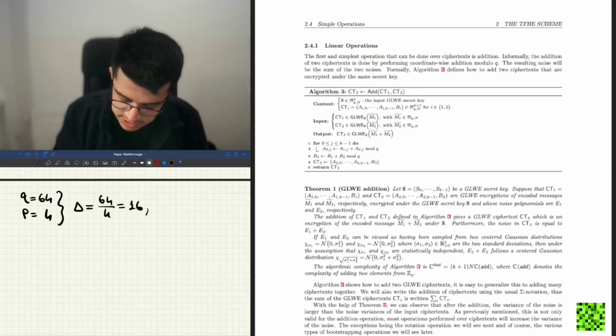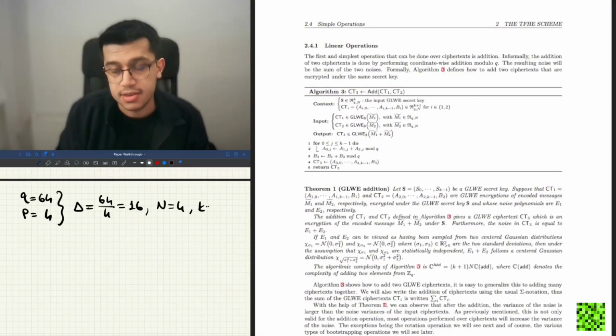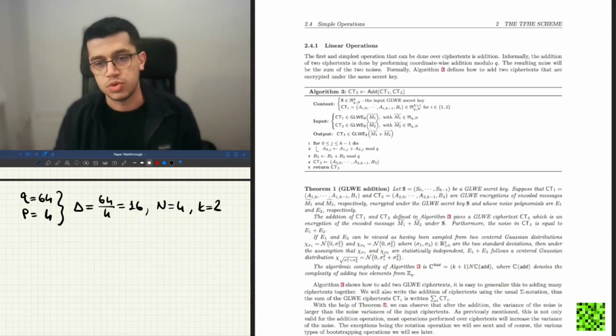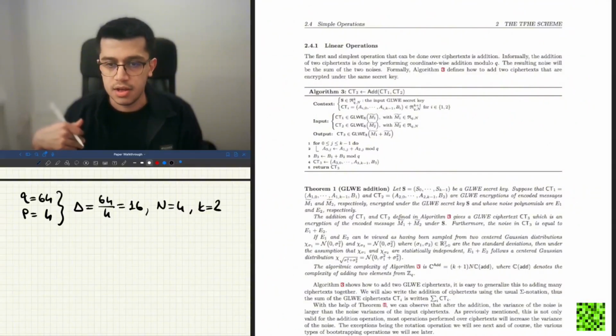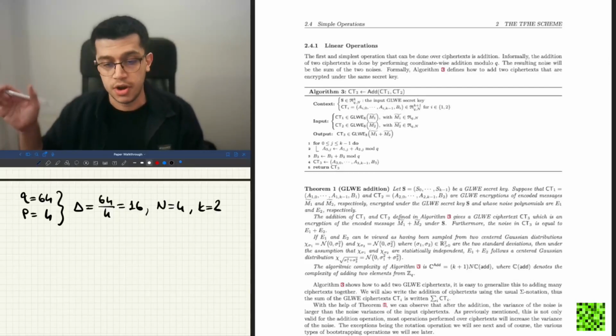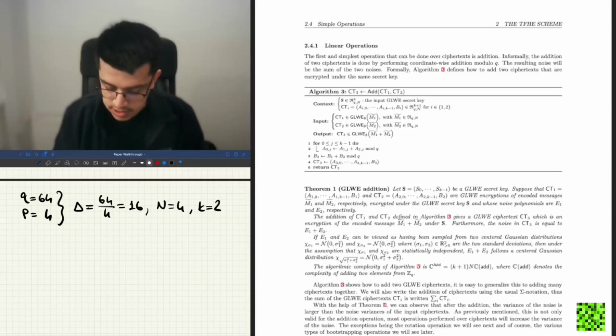Another parameter is obviously N, and let's set it to 4, and k to 2. So we'll have 2 polynomial entries, and our polynomial modulus, let's say, will be x to the 4 plus 1, so we're not going to have x to the 4 anytime.